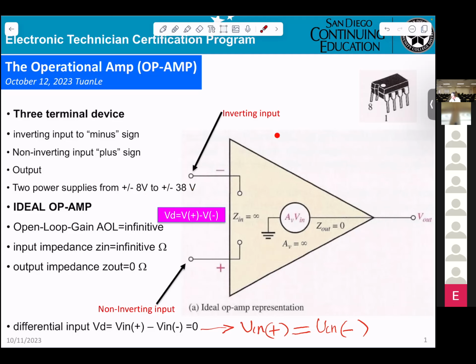If you're using 15 volt, then minus 15 volt. If you're using 10 volt, minus will be 10 volt.